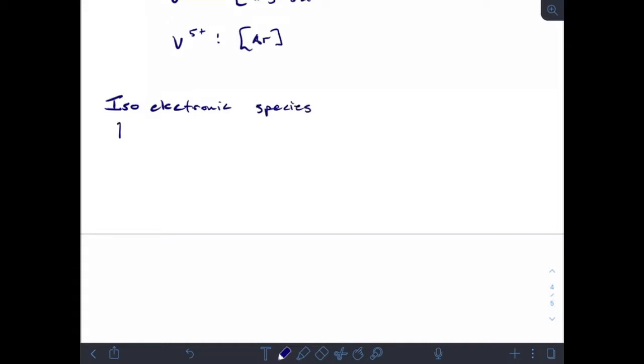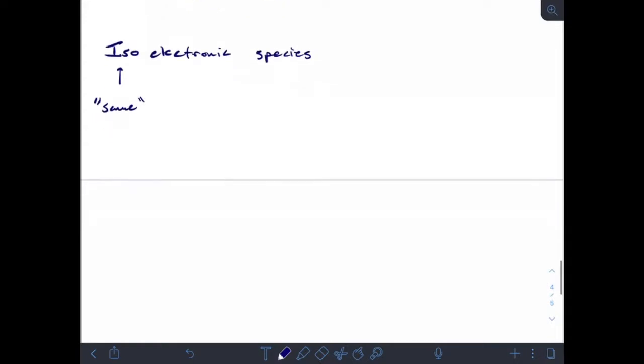Okay, iso means same, so same electron configurations. Our electron configuration for neon is 1s2, 2s2, 2p6. My electron configuration for sodium plus is 1s2, 2s2, 2p6.